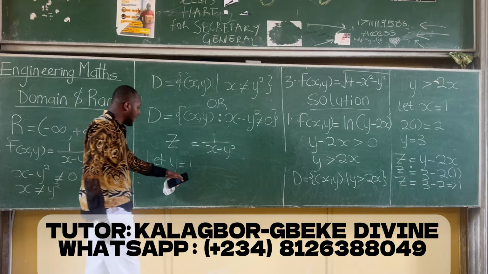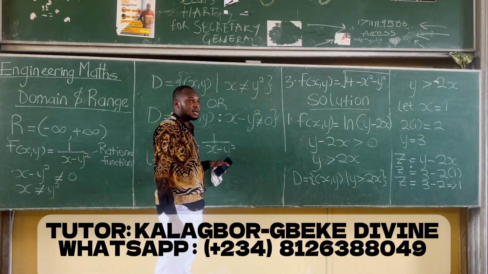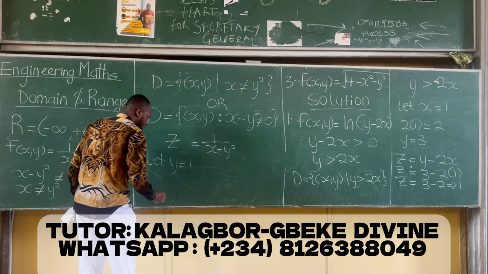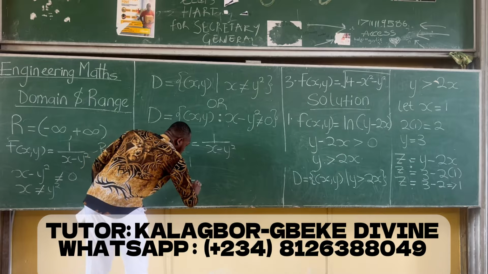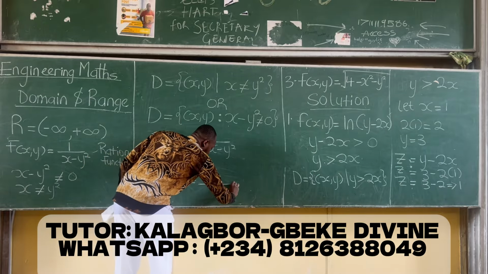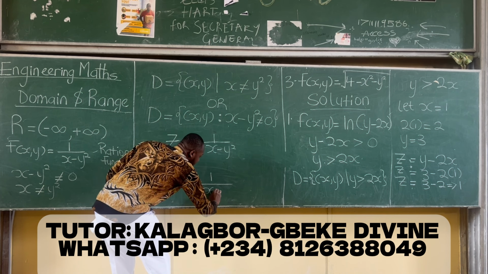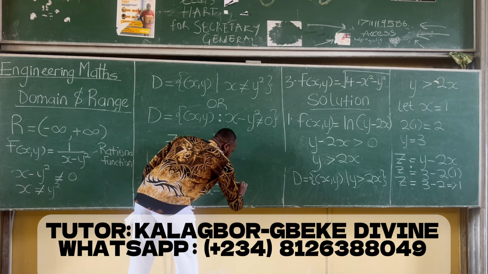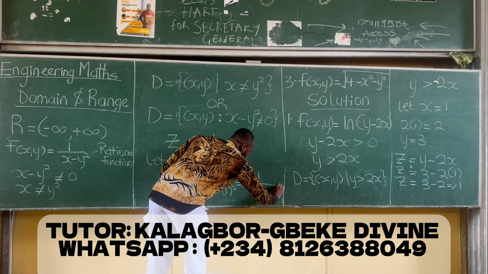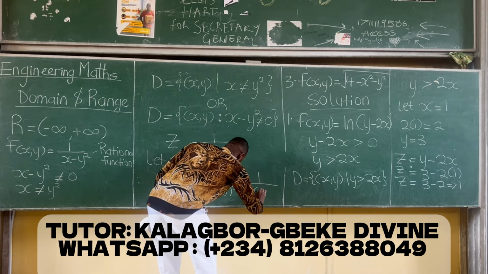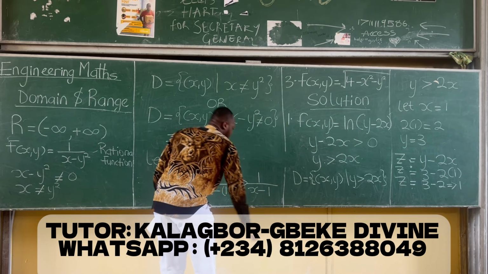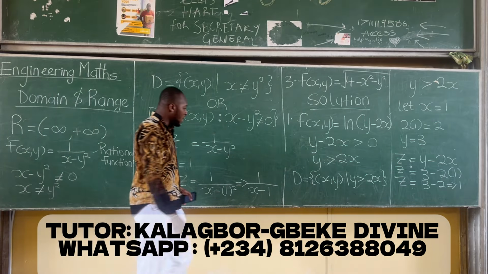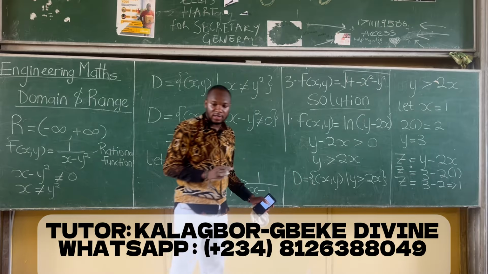If we put y as 1 in this rational function, anywhere we see y, we put 1, we'll have that z will be equal to 1 all over x minus 1 squared, which gives us 1 all over x minus 1. So this is our new value for z, where y is equal to 1. Let me clean the board so we'll proceed.